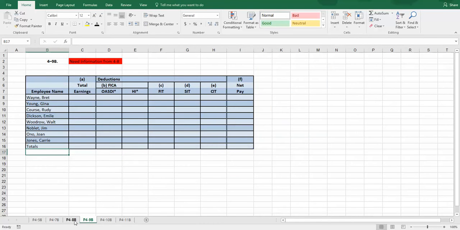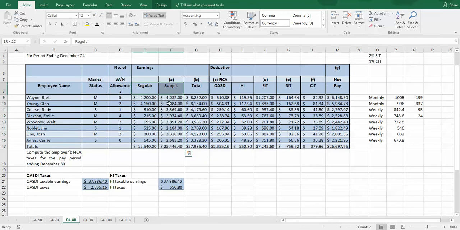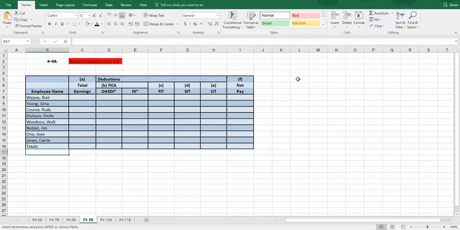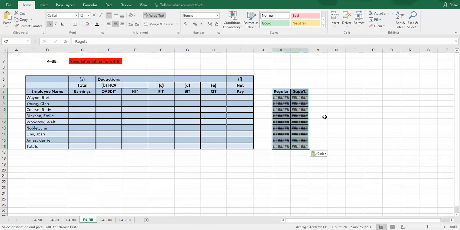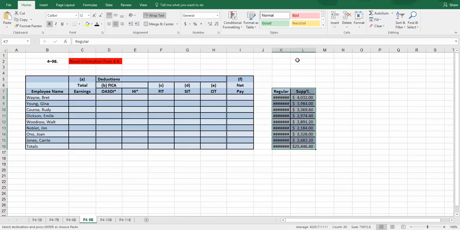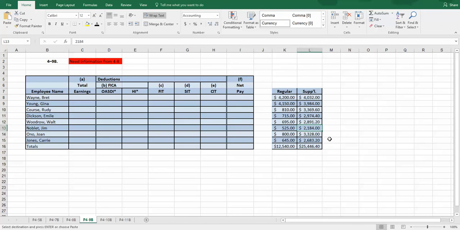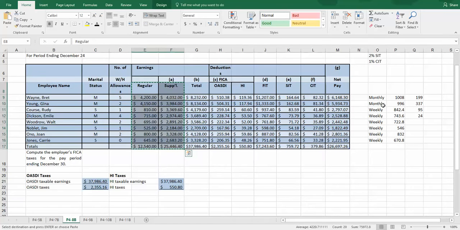No. So I'm going to go ahead and copy these cells for the regular and supplemental, and paste them over here. That way we have the information we need. Again, I'm going to copy information: the taxes on the supplemental, and the federal income tax on the regular earnings.